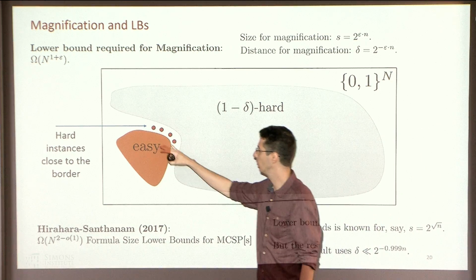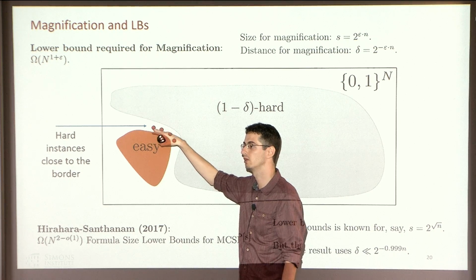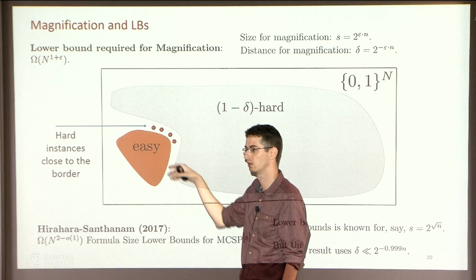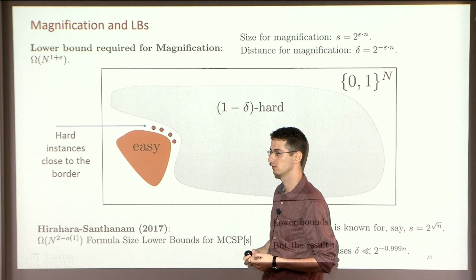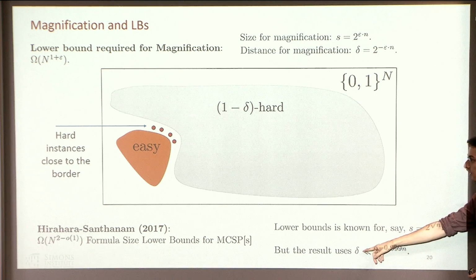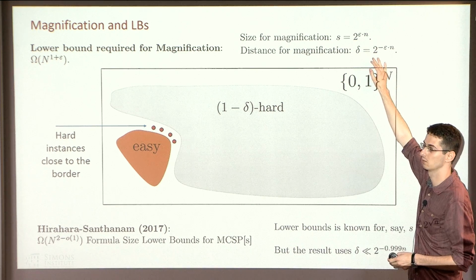So the no instances, if you change a small number of positions in the truth table, they become easy instances. So it's really additive error. You said it's much smaller. Can you quantify that a little bit more? Yeah, so the delta there is less than 2 to the minus 0.99n. And the delta that we need here cannot be so small.